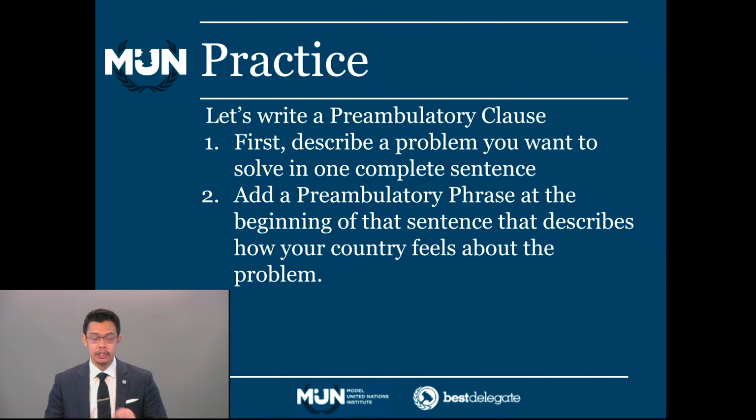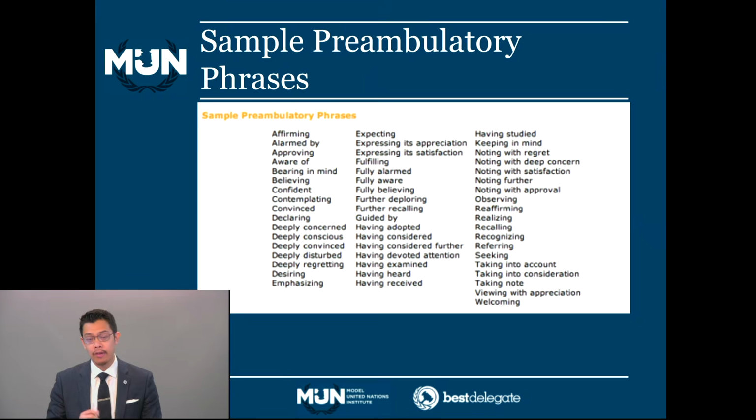The first is just to write out what is the problem that you are trying to address in your topic. Just write it out in plain English. That's step one. Step two is to take a preambulatory phrase, and you can see this online at bestdelegate.com. You take one of those phrases and attach it to the beginning of your problem. For example, a common phrase is concerned. Concerned that climate change is affecting small island developing states.